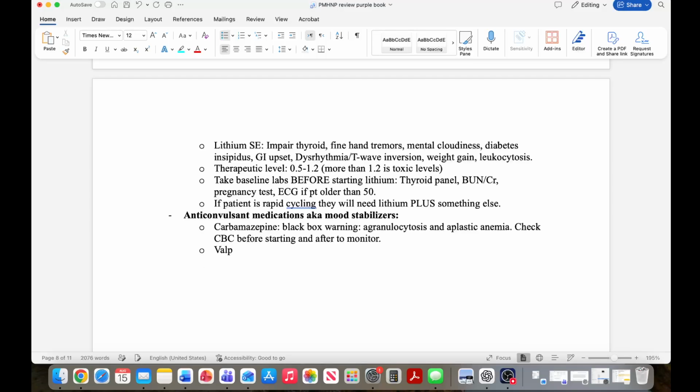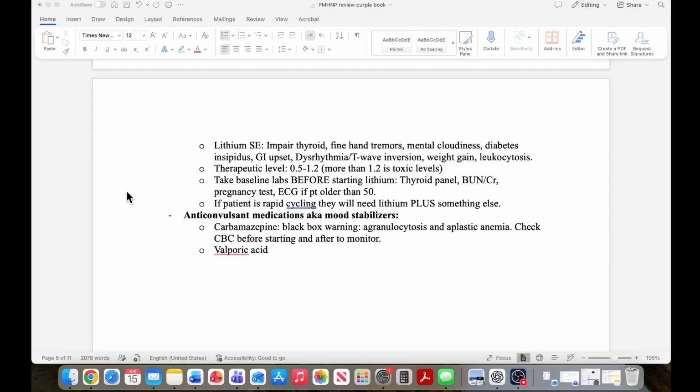Then we have valproic acid. I don't know why they keep putting these together. Confusing me. Valproic acid is Depakene. Okay. Yeah, these two medications confuse me a lot. So you have valproic acid.